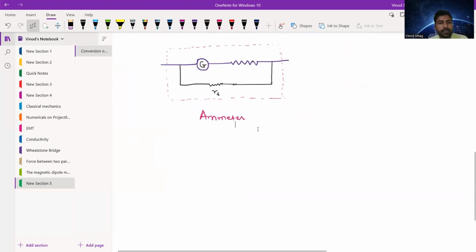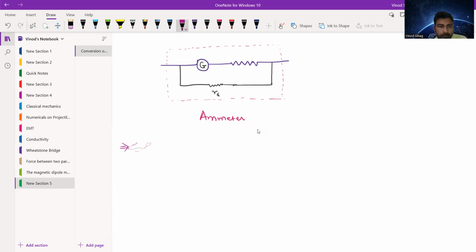So the current sensitivity of the galvanometer is given by deflection per unit current.